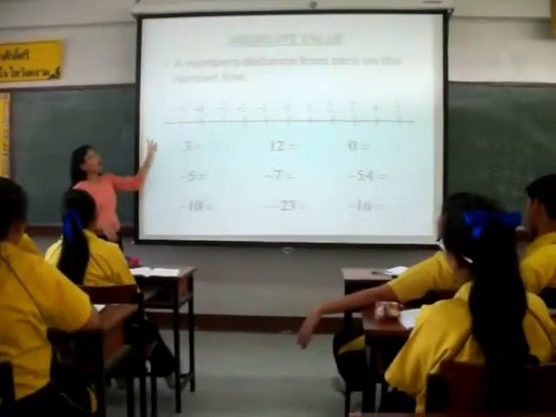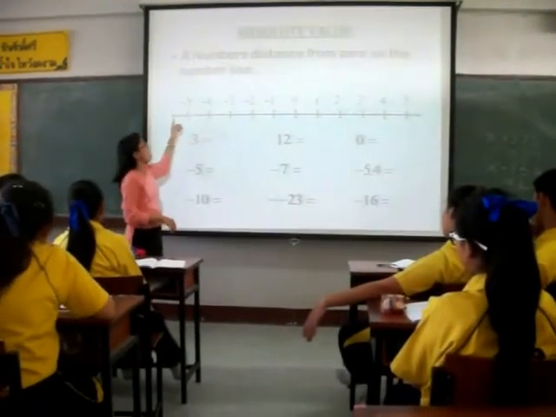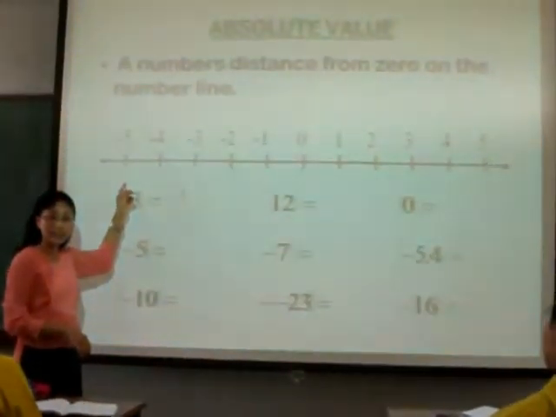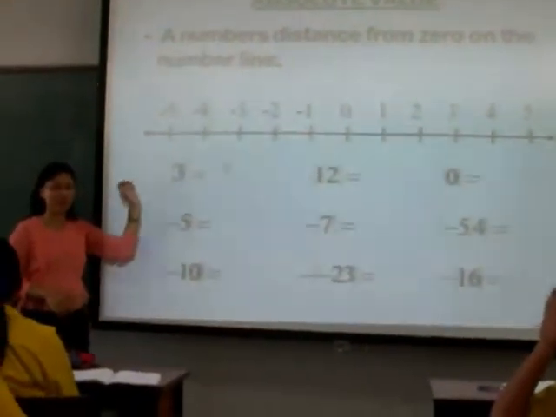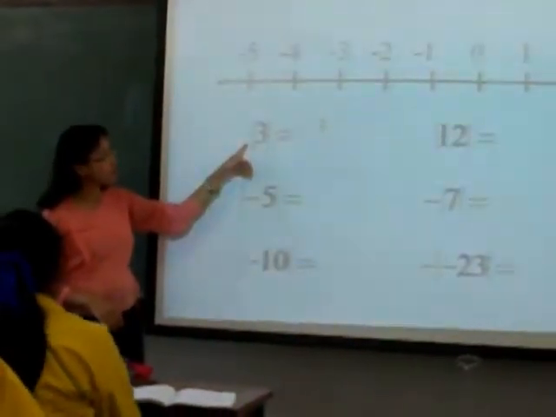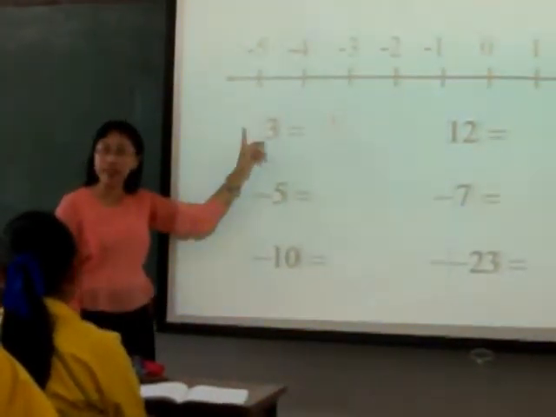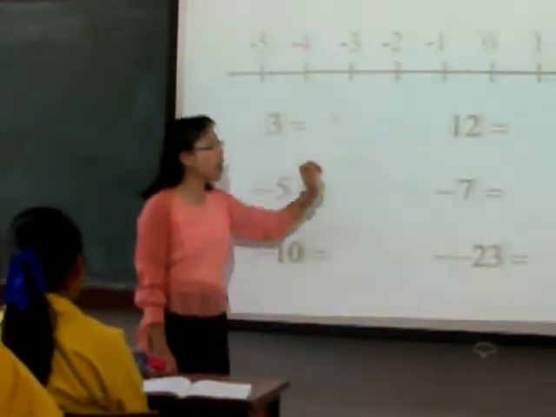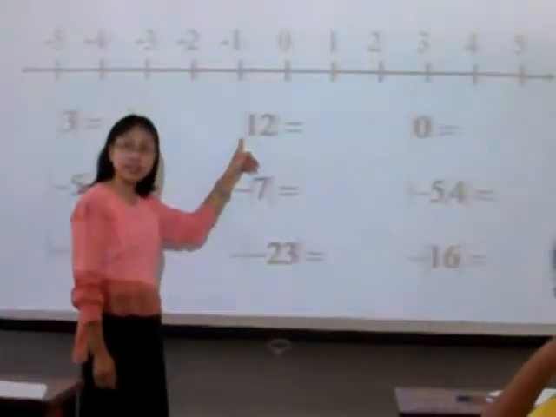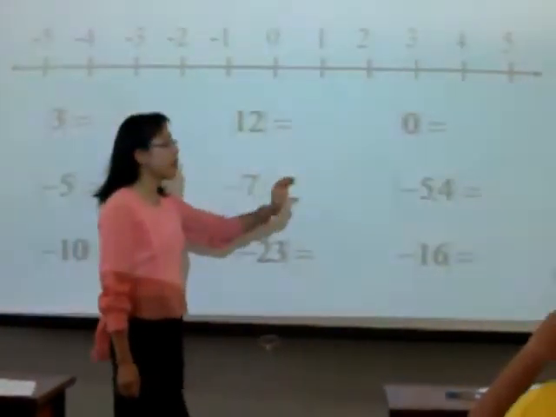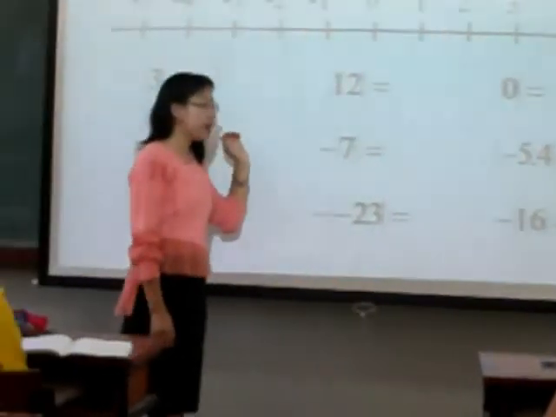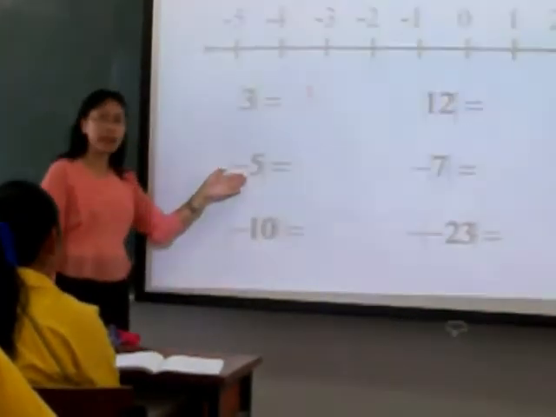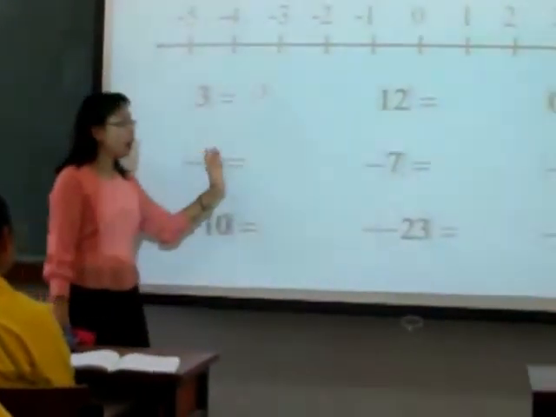Next, I will ask you a question. Number 1. Absolute value of 3, the answer is 3. Absolute value of 12, the answer is 12. Absolute value of 0 is 0. Absolute value of negative 5 is 5.